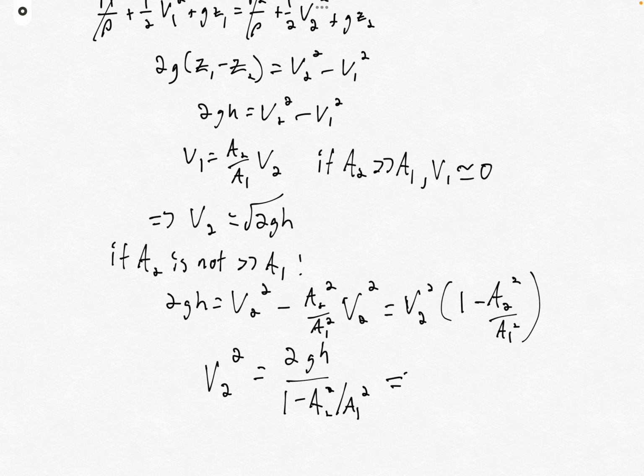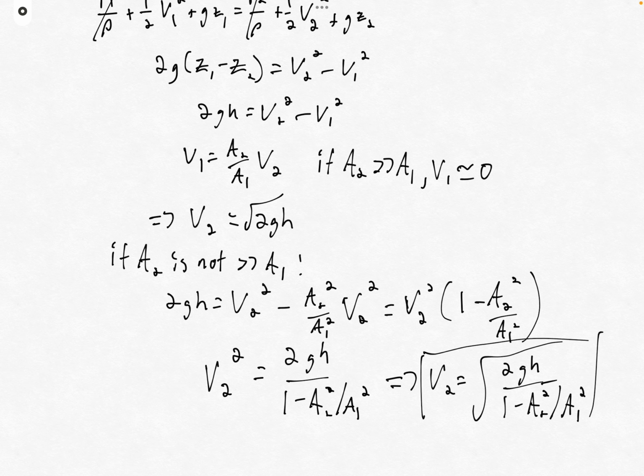So V2 is the square root of 2gH over 1 minus A2 squared over A1 squared. So either of those suffices for relating V2 back to the properties of this tank, or the geometric properties of this tank, using the Bernoulli equation and mass conservation.